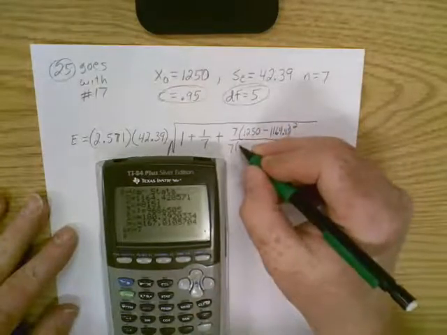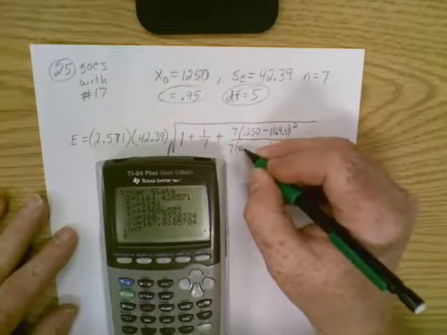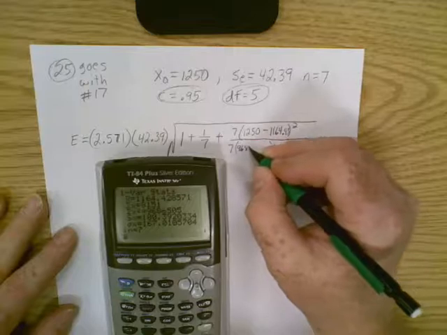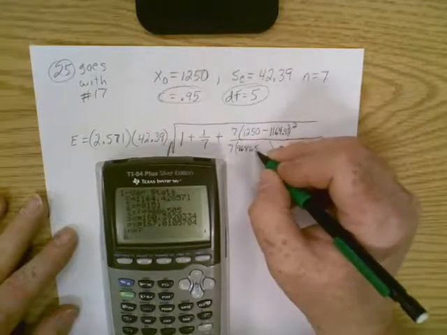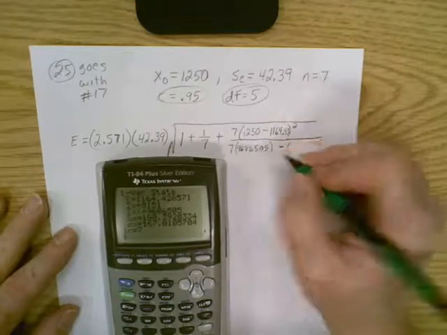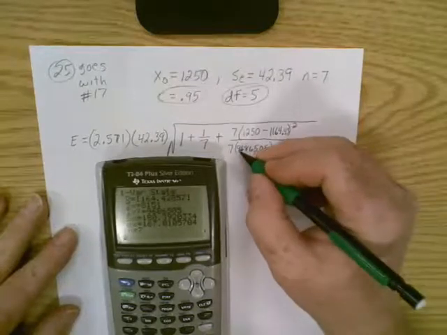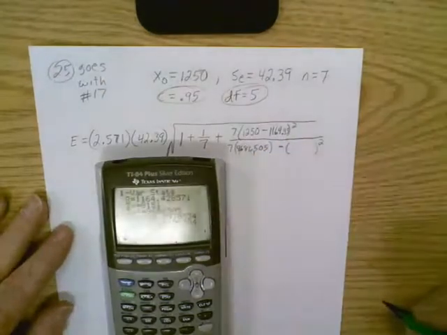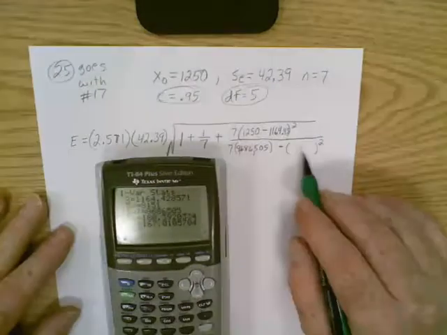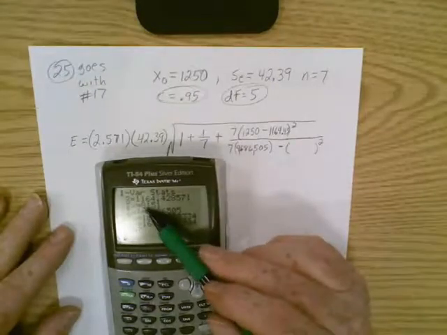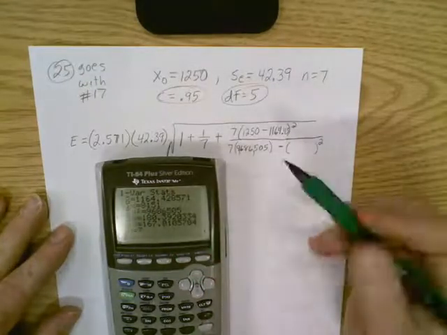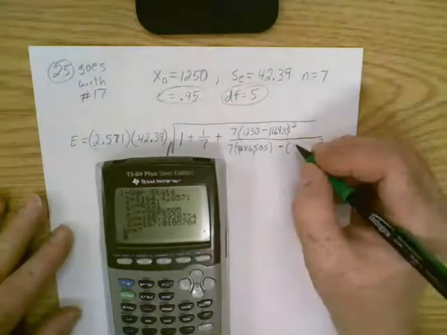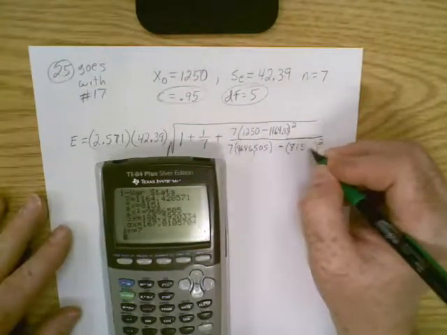I might have to write small here. 9686505. So 9,600,000 some. And then here we want the sum of all the x's, which is right here, 8151, and we're going to square that.